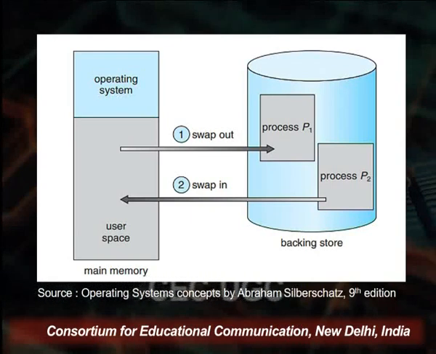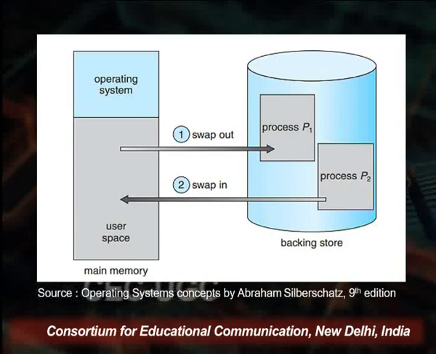Backing store here is actually your hard disk. So process P1 is currently being swapped out. Earlier it was available inside the memory and now it was swapped out in order to accommodate the process P2, which is going to be swapped in from the backing store to the main memory.